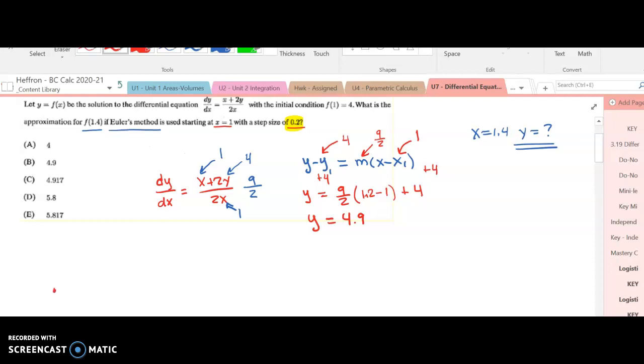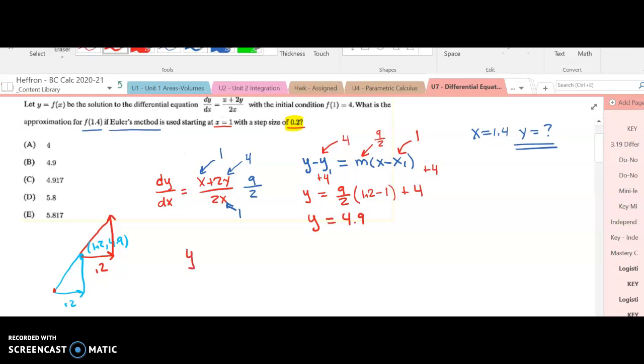So I like pictures. I'm going to make one. I went over 0.2. This new point is (1.2, 4.9). And now I'm going to go over again another 0.2 and up, I'm not sure how much. This one I'll use the equation for.